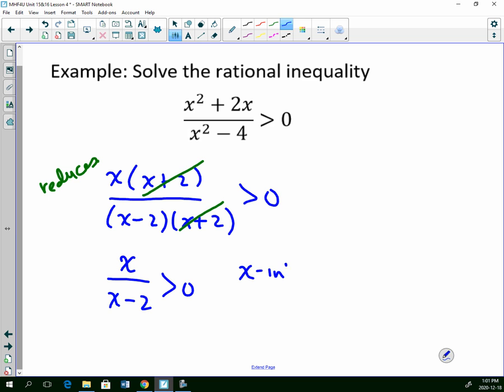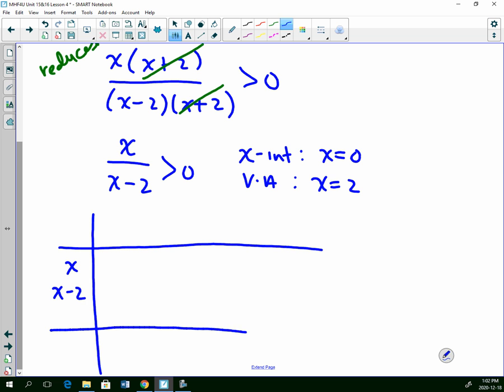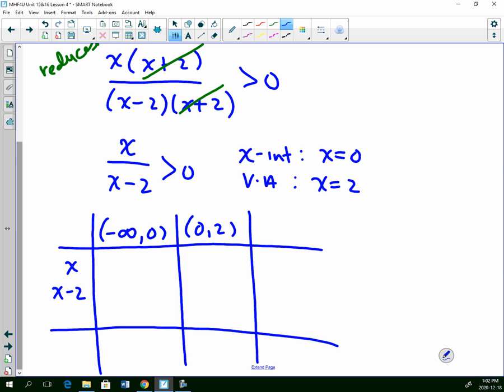So the x-intercept is 0 based on the numerator, and the vertical asymptote is 2 based on the denominator. And I'm going to do my interval table. And then I'll graph it on Desmos just to show you what's happening. So we want negative infinity to 0, 0 to 2, and then greater than 2.